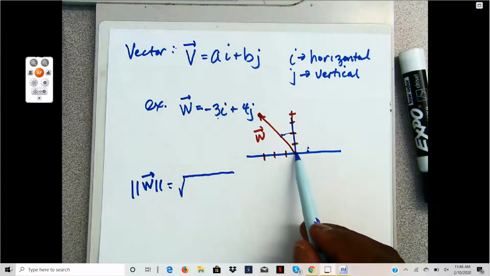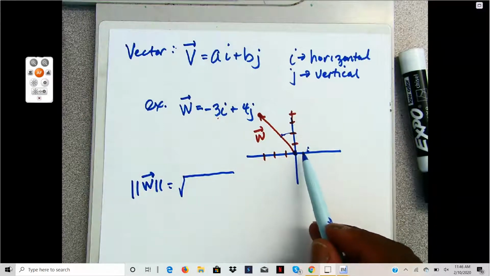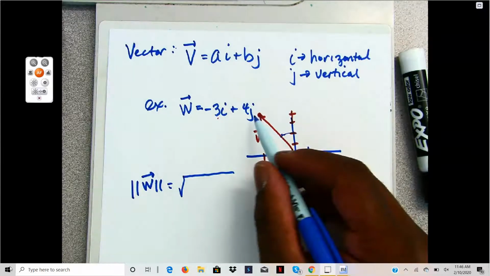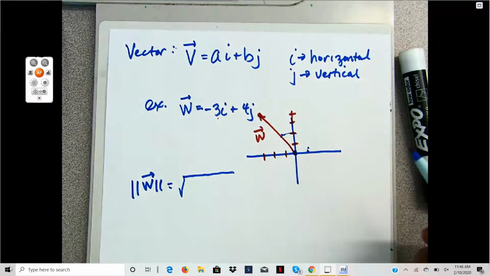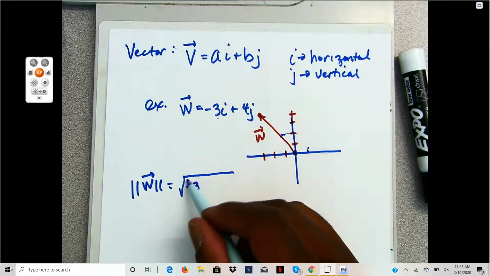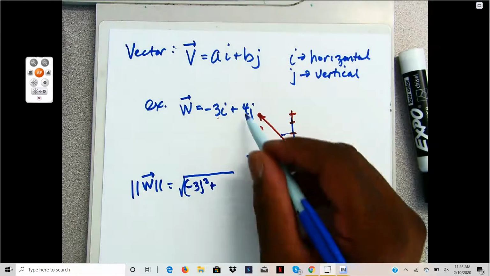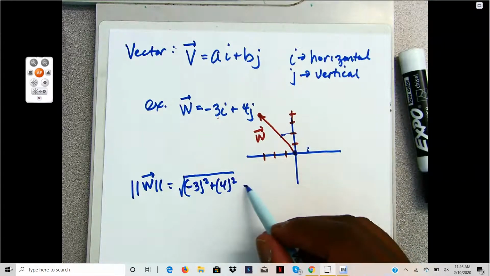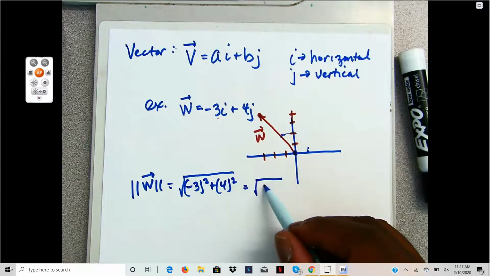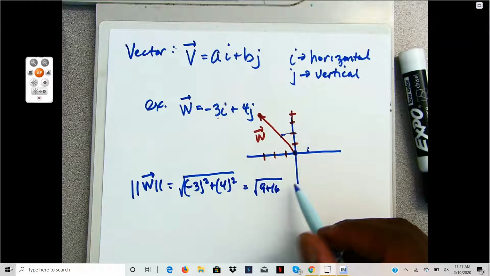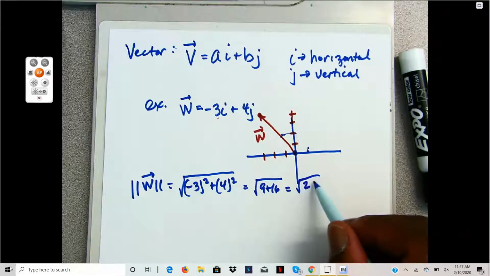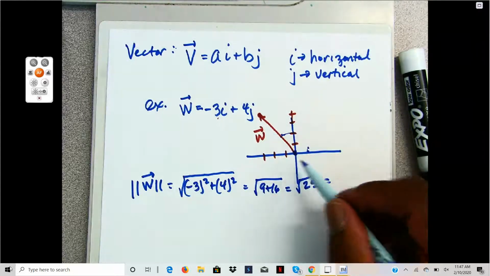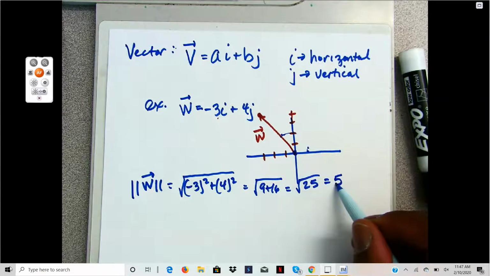Now, because your initial point is on the origin, when we do x1 minus x2, it's really negative 3 minus 0 squared, so negative 3 squared, plus 4 minus 0 squared, giving us 4 squared. Square root of 9 plus 16, square root of 25, and the magnitude of vector w is going to be 5.